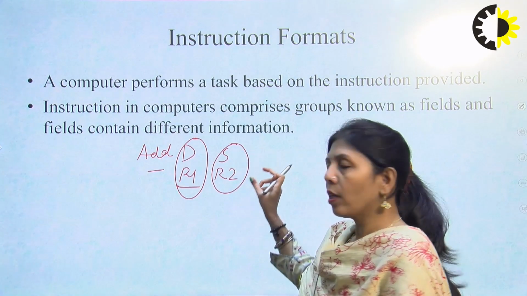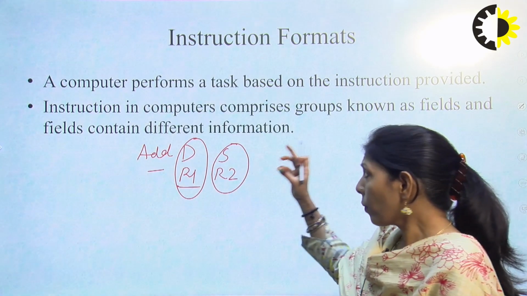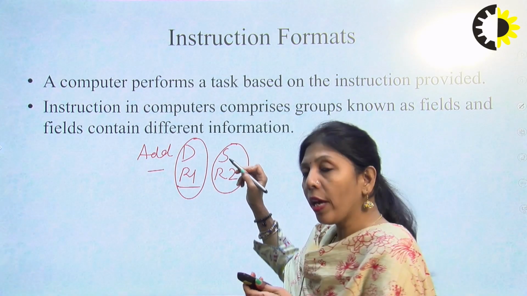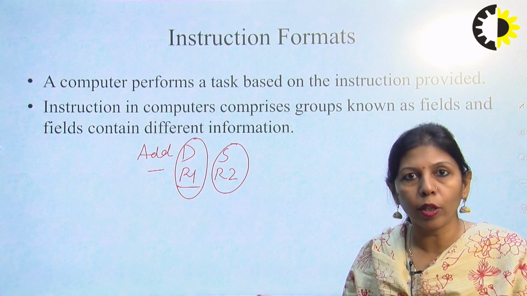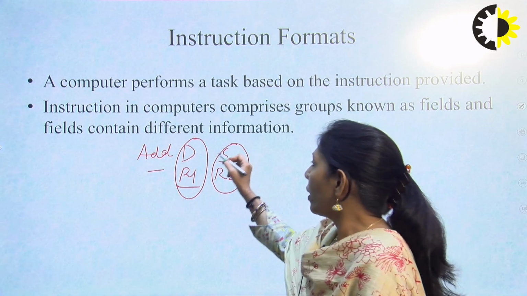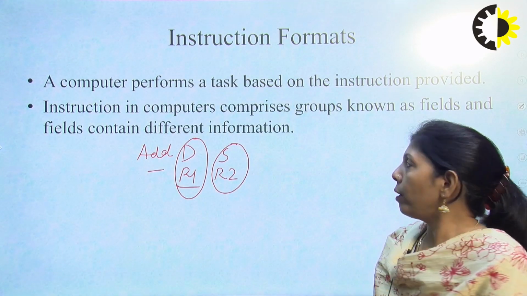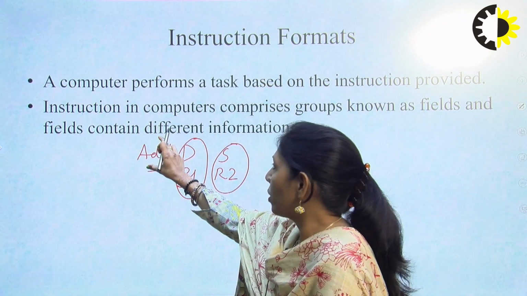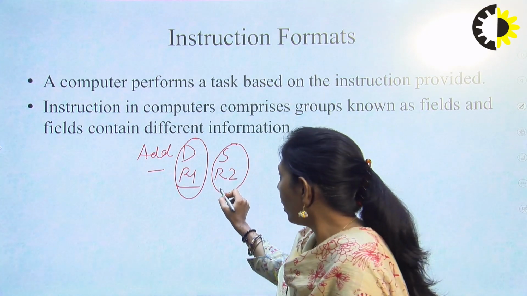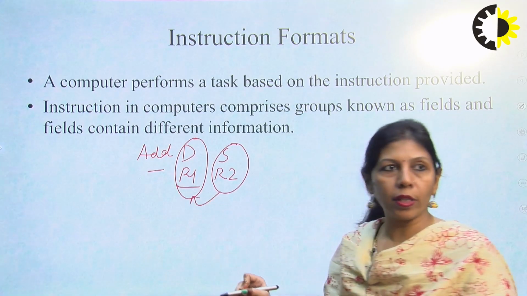The destination and source tell us where, from where, and on what it has to be executed. The source is sending the operand, this part is telling what to do, and the result is being stored in the destination.